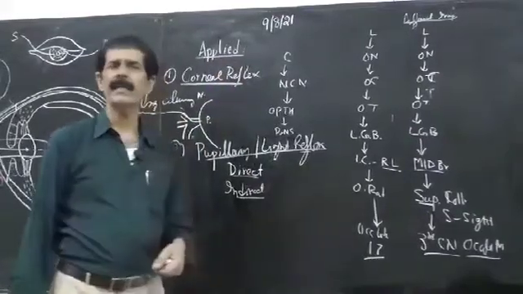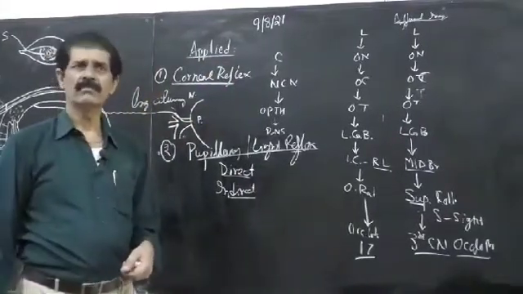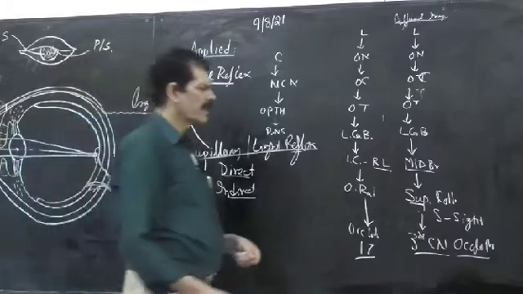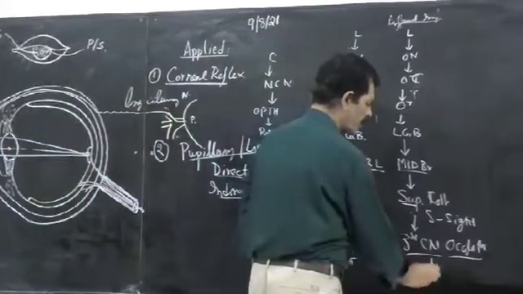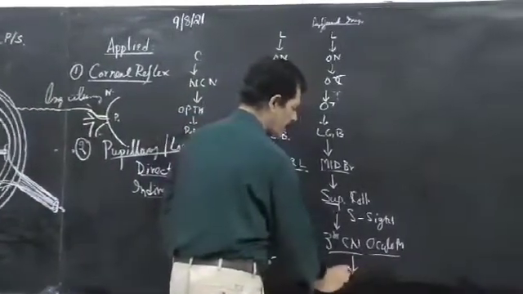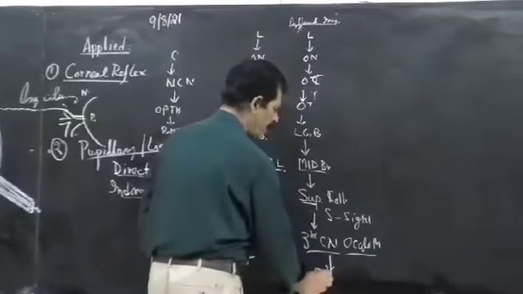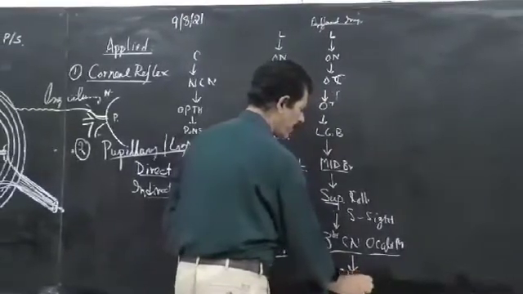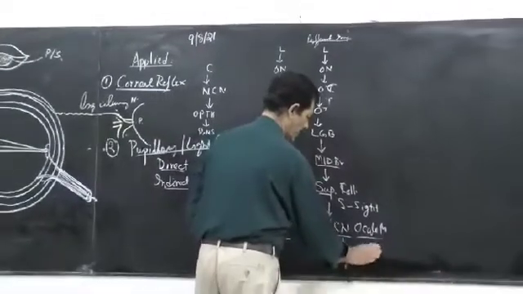They stimulate the oculomotor nerve, and this oculomotor nerve is also connected to a parasympathetic nucleus, Edinger Westphal nucleus.